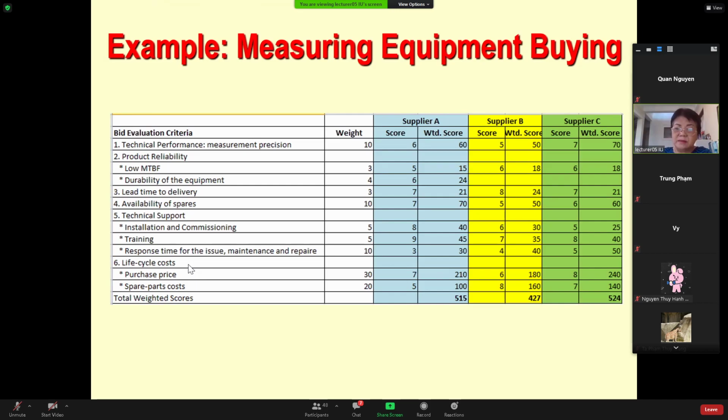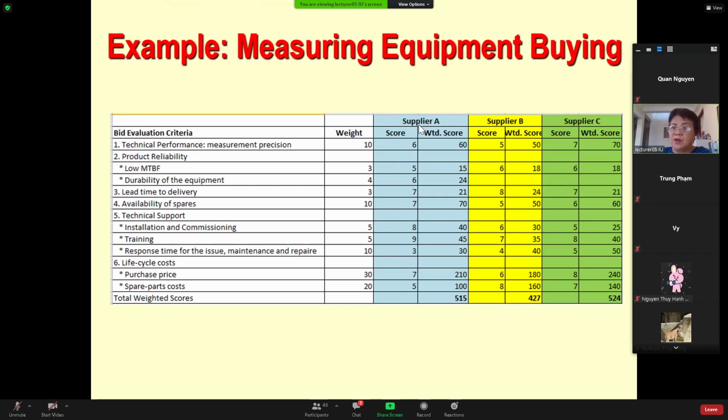Of course, life cycle cost: the price you pay at the very beginning, you pay 30, and then spare part cost is 20. The total weighting factor here, you sum it up, is 100.